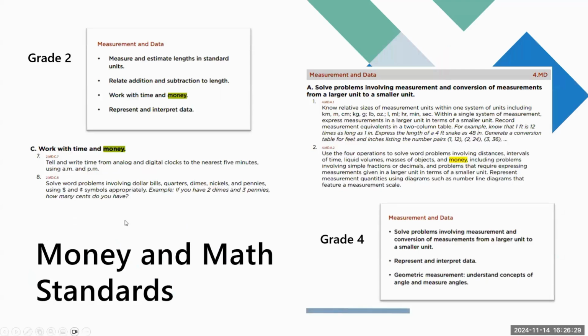Twice, 2 times. It is not mentioned once. The word money explicitly is not mentioned in middle school standards, which is to me a crime. You're going to see terms like interest when you're looking at your ratios and proportions, but the actual word money, you search for it 2 times. Once in second grade, measurement and data, once in 4th grade, measurement and data, which seems a little silly, right?